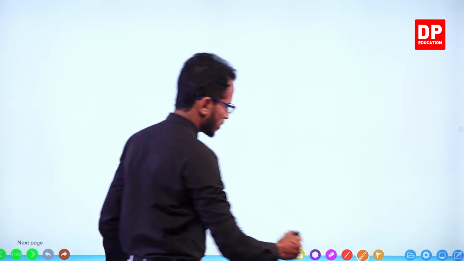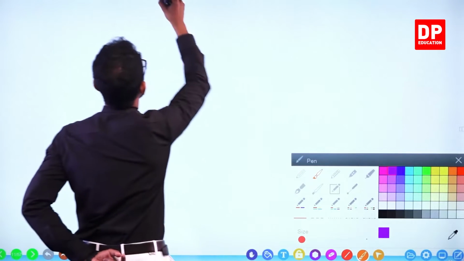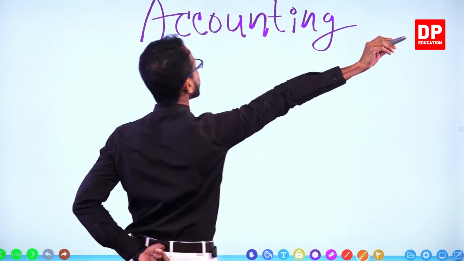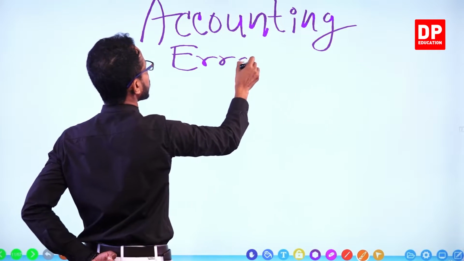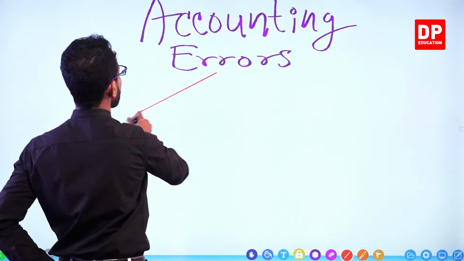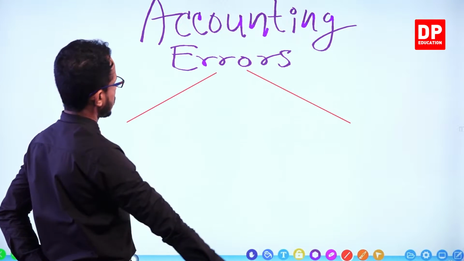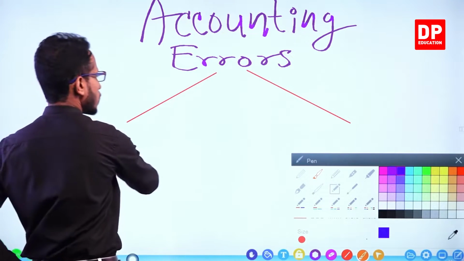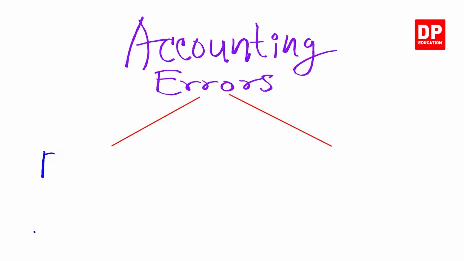just take a look at this. Accounting errors can be divided into two. First, errors that do not affect.